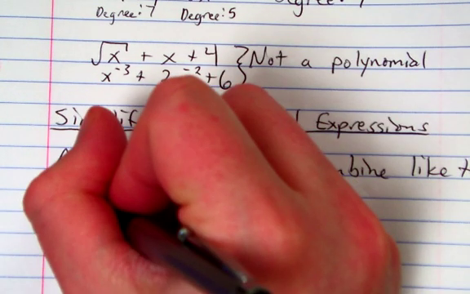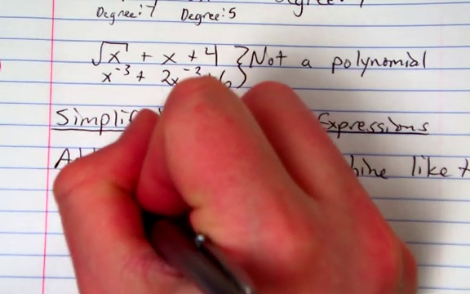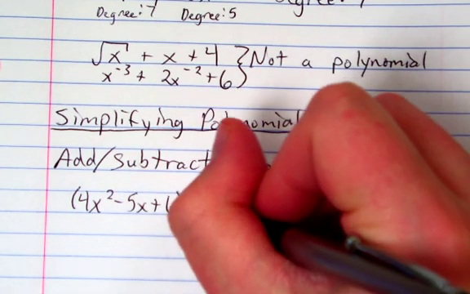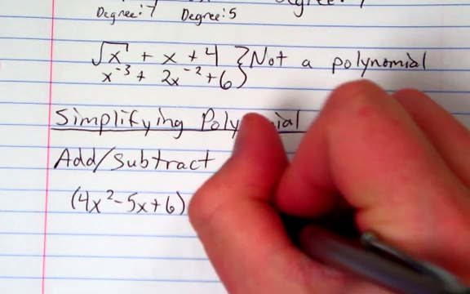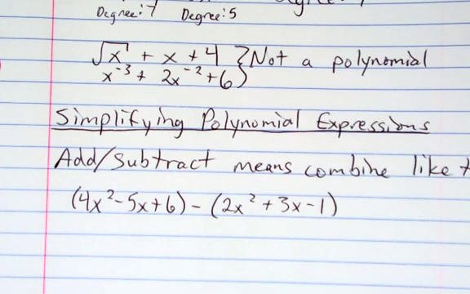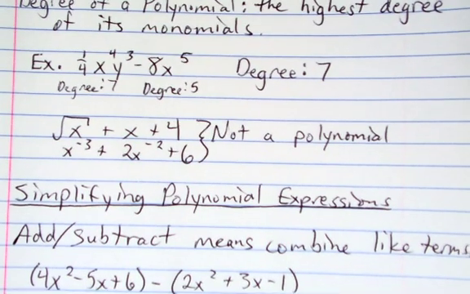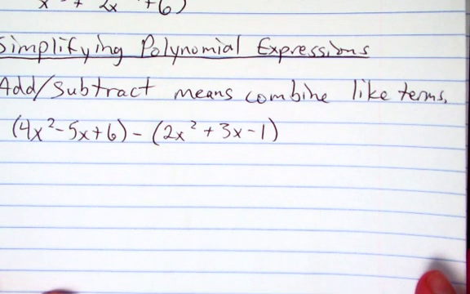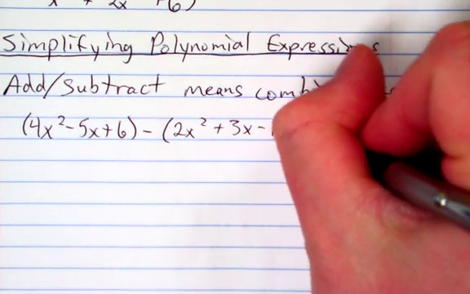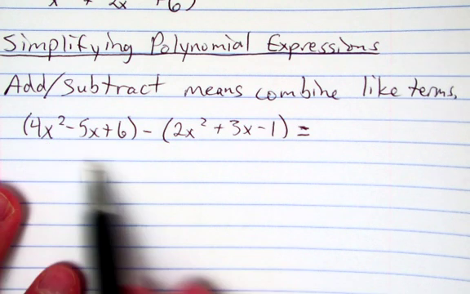So if I were to have the polynomial 4x squared minus 5x plus 6, and I wanted to subtract the polynomial 2x squared plus 3x minus 1, I would just subtract the like terms.